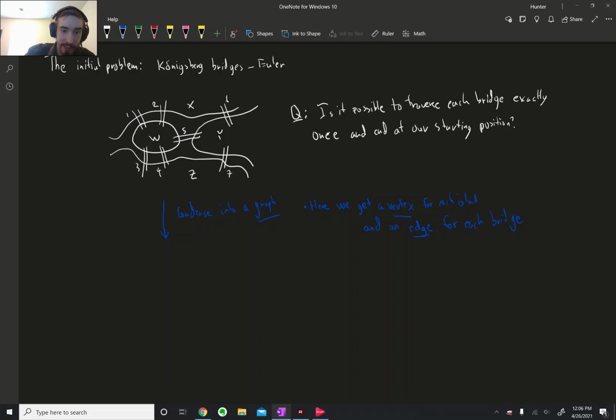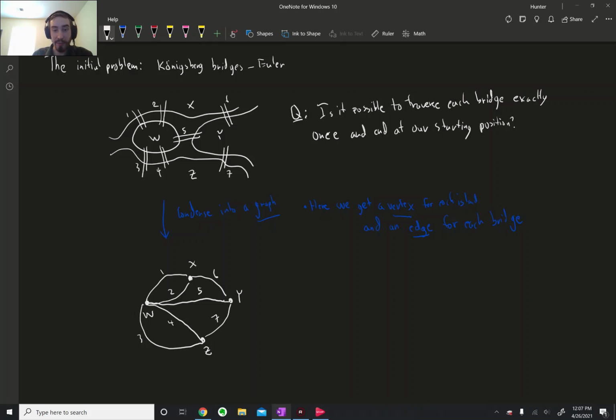So in this case, my graph has 4 vertices, W, X, Y, and Z. And then we have 2 edges between W and X for bridges 1 and 2, 2 edges between W and Z for bridges 3 and 4, an edge from W to Y for bridge 5, and then edges from Y to X and Y to Z for bridges 6 and 7.